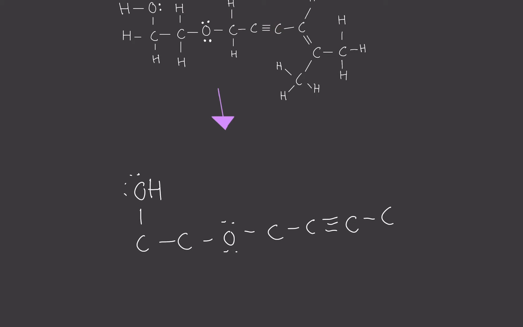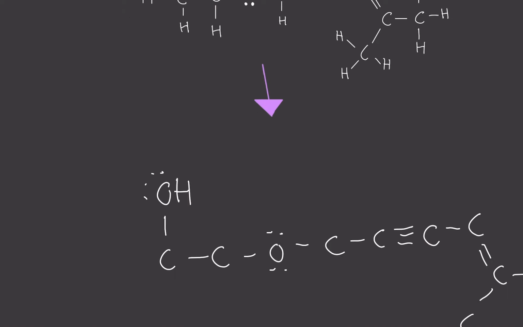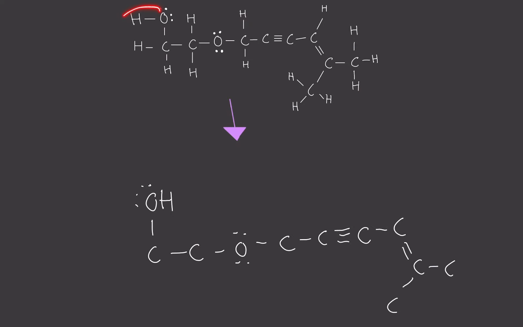Carbon, double bond, carbon, and carbon. There we go. Easy. All I did is erase all the hydrogens and connect this OH, the oxygen and hydrogen, because that's what it is here.